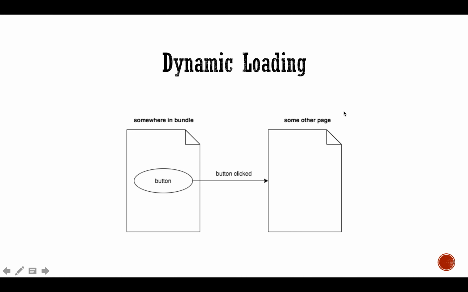Now, we don't know if the user is going to click that button or not, so we wouldn't want to include this other page and its contents in our bundle. We don't want to add that excess code if we don't need it, right? So this dynamic loading is going to allow us to load only the JavaScript that we need, which is pretty cool.